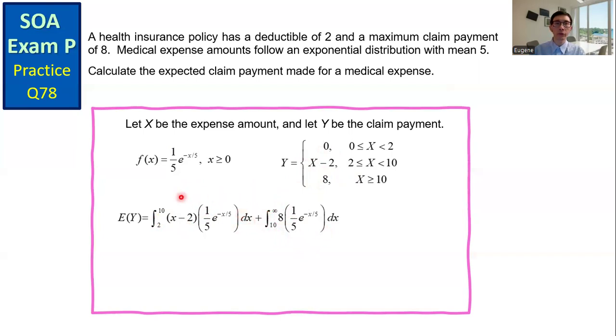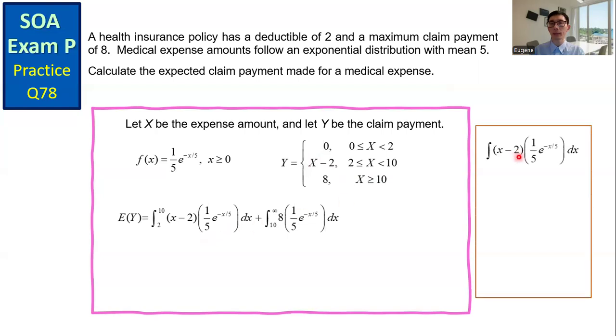To compute the first term, we apply integration by parts, and here I use the tabular method. In the left column, I do successive differentiation with the function X minus 2. In the right column, I do successive integration with the expression 1/5 times e to the power minus x over 5.